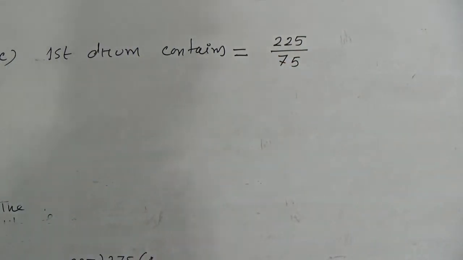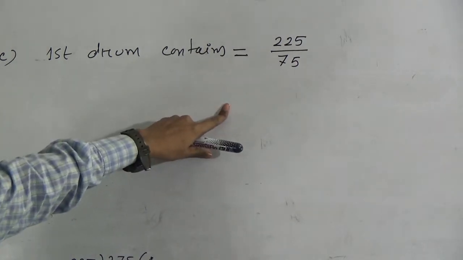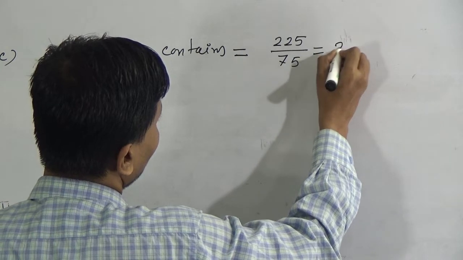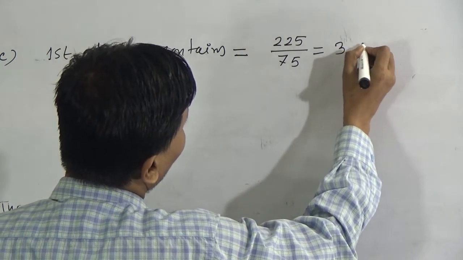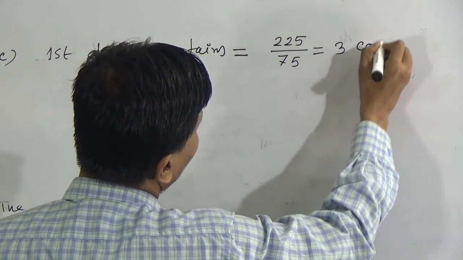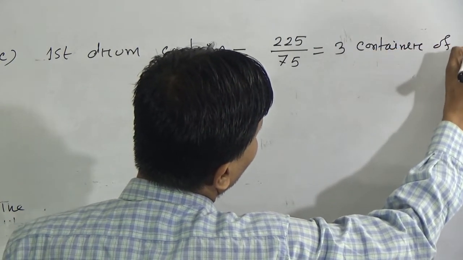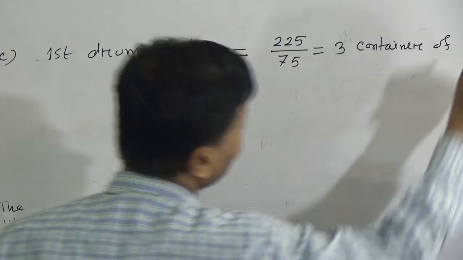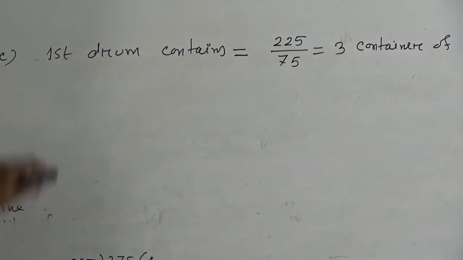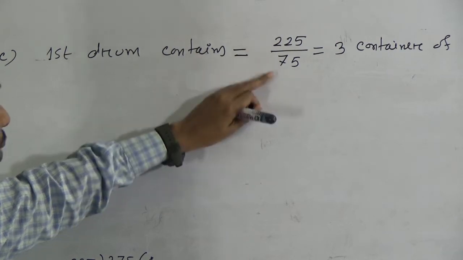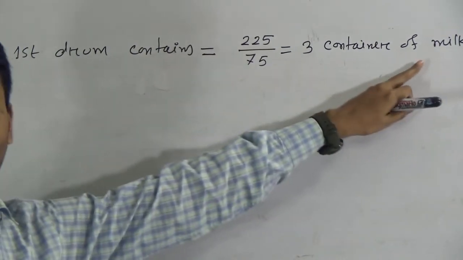If you divide 225 by 75, then we get 3. That means 3 containers of milk. First drum contains 225 by 75, then you get 3 containers of milk.